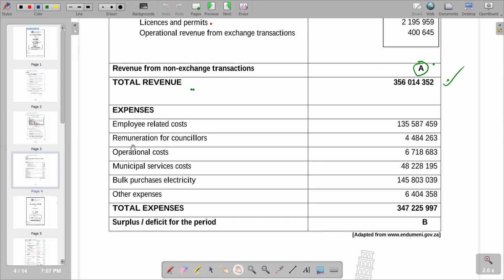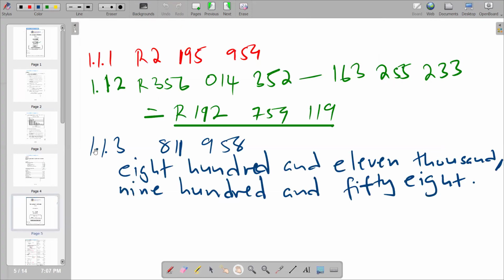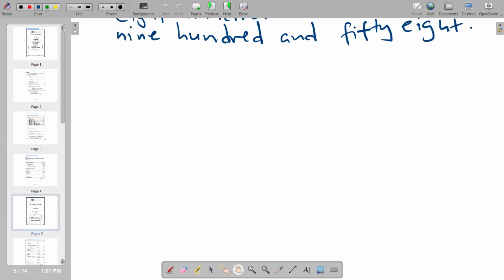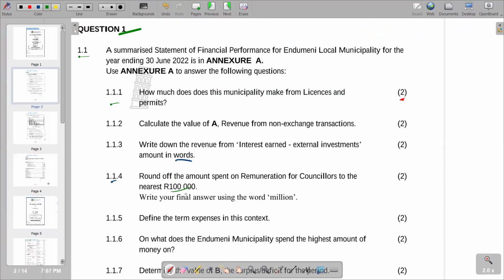So we can rewrite it and then round it off. We are saying 1.1.4, 4 million 484,263, and we refer back to see that we are going to round it off to the nearest 100,000.